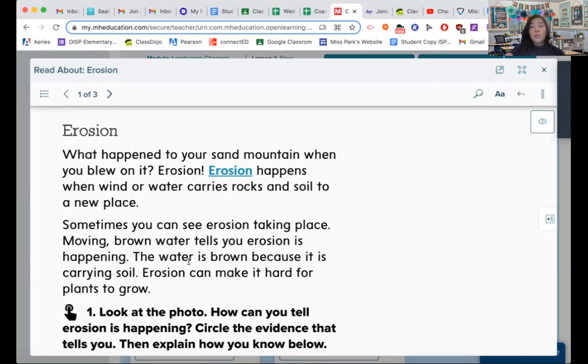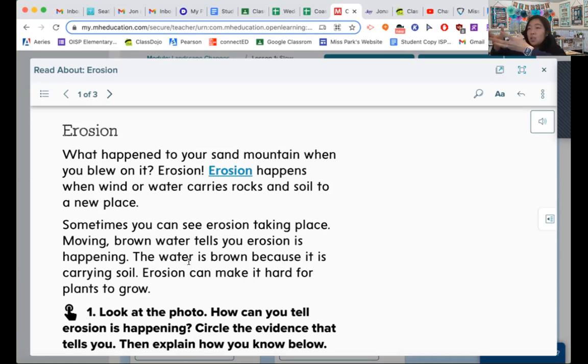So everyone, we're going to use this pushing away as erosion. Pretend like you're pushing something away. Erosion happens when, and then we'll do like this for wind, wind or water, we'll do this for water, carries rocks and soil to a new place.